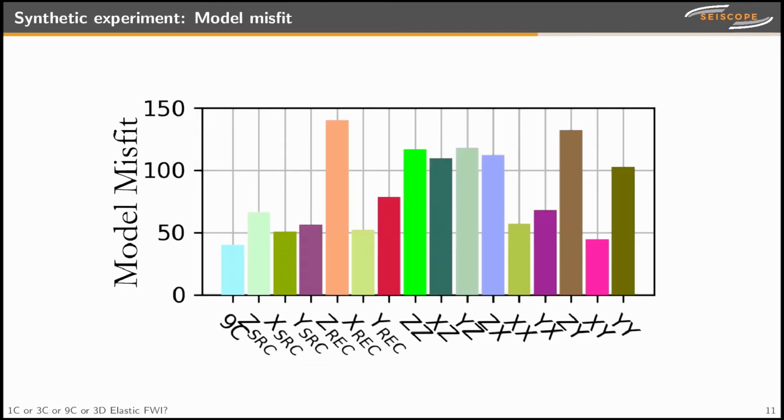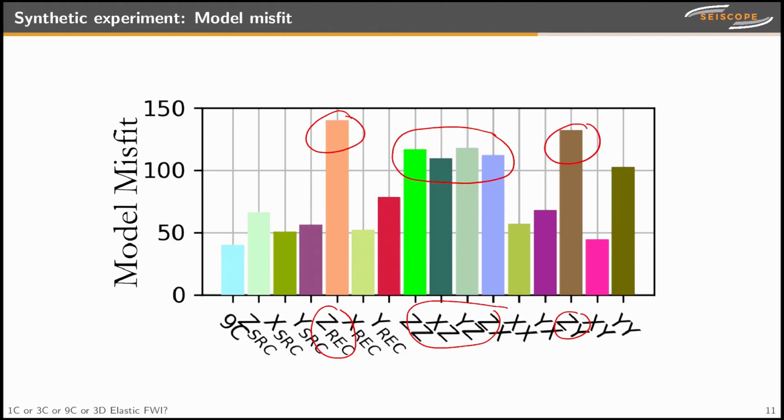When we move towards the synthetic experiment, here I will directly present you the model misfit, because the reconstructed model is quite similar to the previous one. The model misfit here is relatively consistent: when we have the influence of the Z component, we also have a relatively high model misfit.